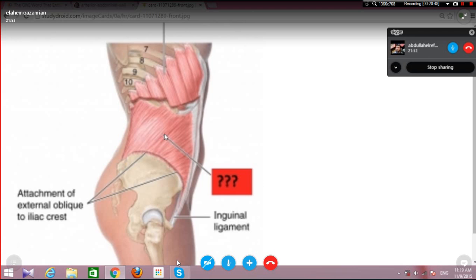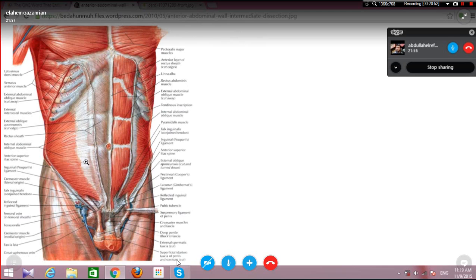It goes anteriorly and inserts to the linea alba and to ribs 10 to 12. It compresses the abdominal viscera, and it also flexes and rotates the trunk.